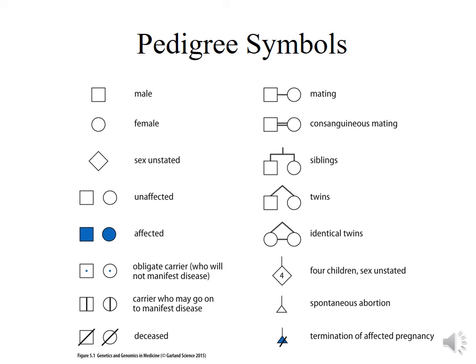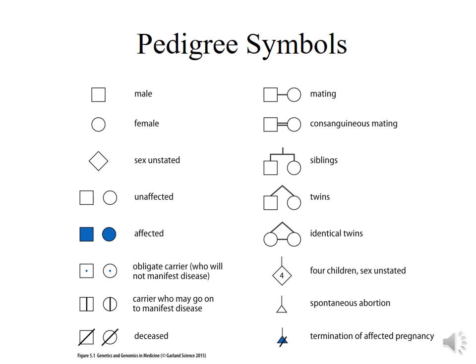When the symbol is unfilled, it means that the individual is unaffected with the genetic condition or phenotype. When it is filled in, and in this particular slide they're showing blue, that color does not have the significance. It's filled in that has the significance. That means they're affected.